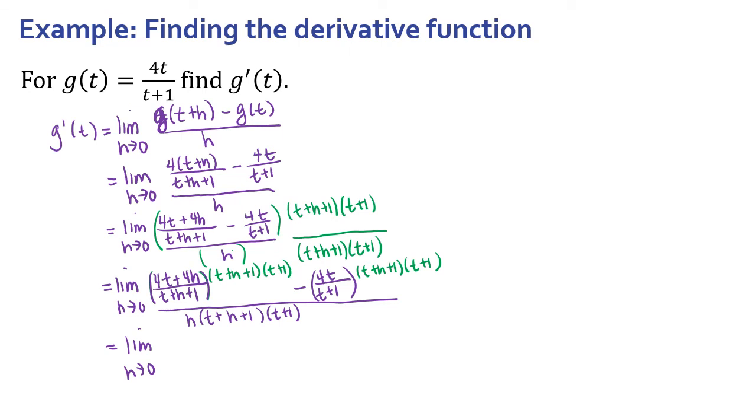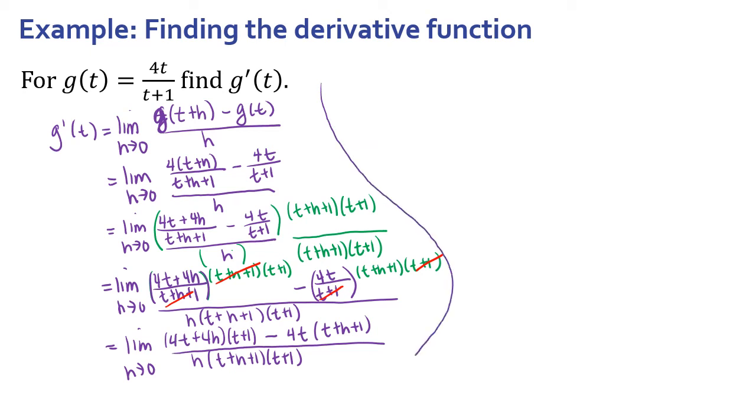All right, so it looks like those are going to cancel there. So I'm left with 4t plus 4h times t plus 1 minus, these are going to cancel here, 4t times t plus h plus 1. And I'm going to leave this down here as it is, h times t plus h plus 1 times t plus 1.